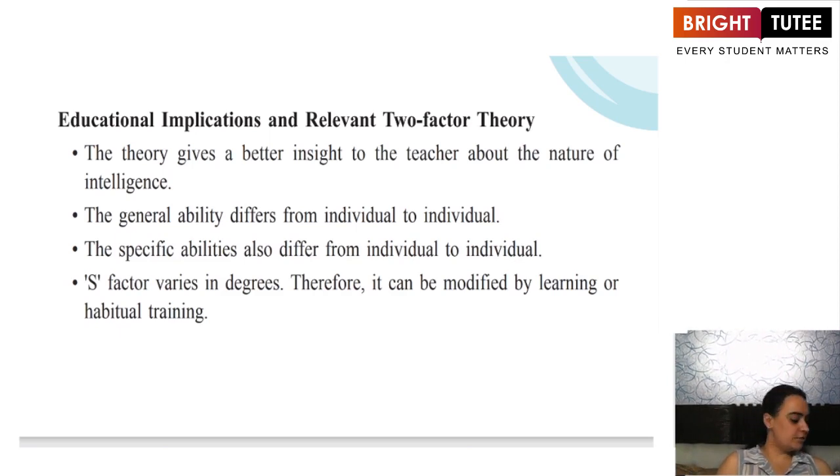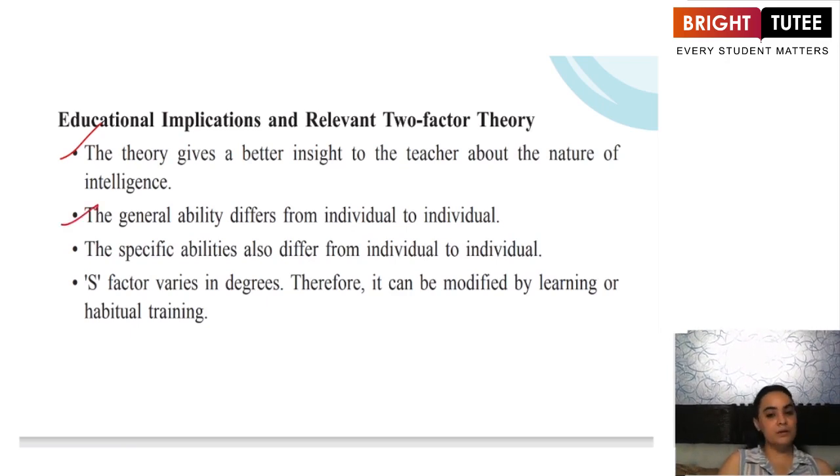If a teacher comes across a child who at an early age is able to write a poem on his or her own, the teacher will be able to identify the presence of the S factor in that child. A teacher would know that general ability also differs from person to person. So she cannot expect two people, given the same problem, to solve it at the same time.